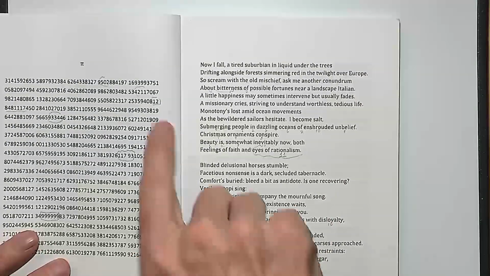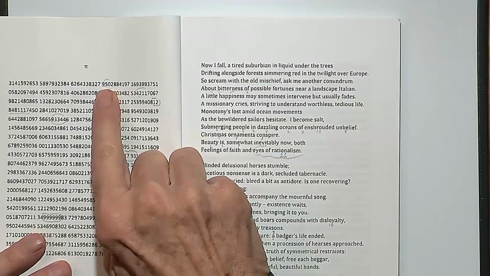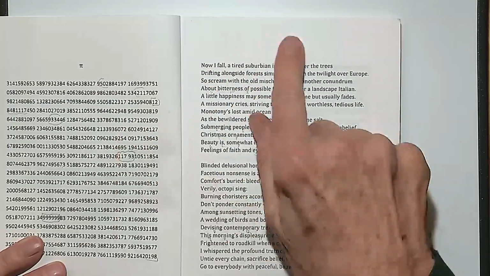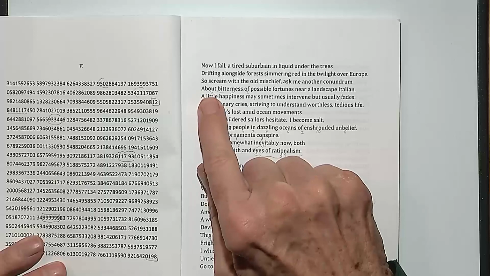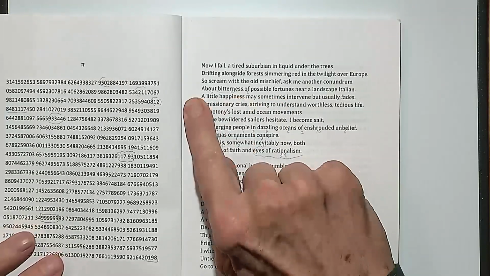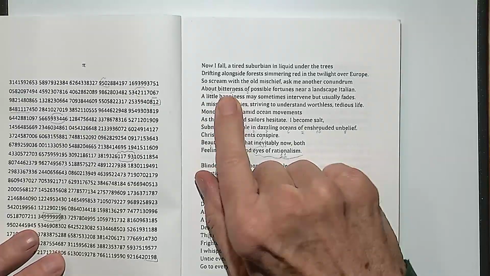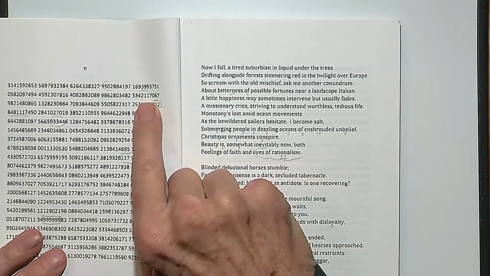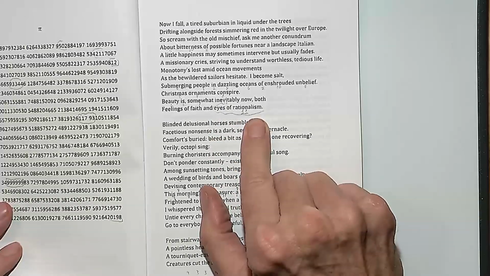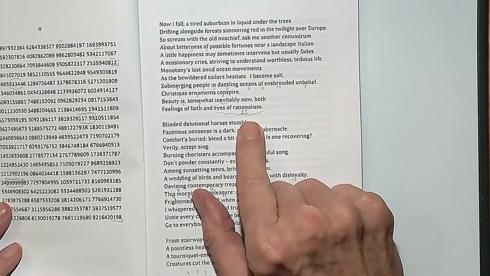So for example, you see the first 0 here comes at digit number 33, and that will be here, about "bitterness of possible fortune." So "bitterness" is 10 letters long. So there's the 5 and the 0. Then he's got double 1 here, and that's 11. So here, "eyes of rationalism." You see, this is 4, 2, 1, 1.